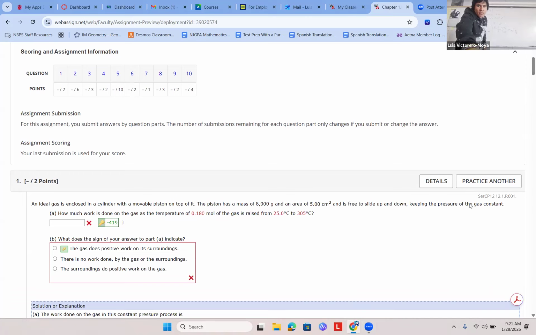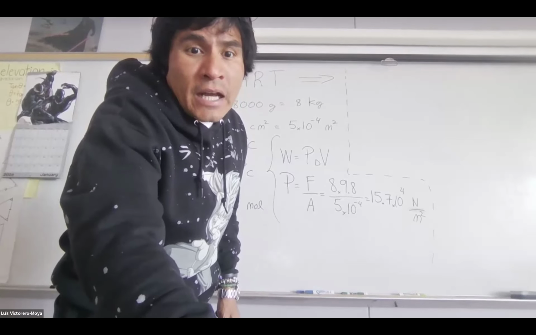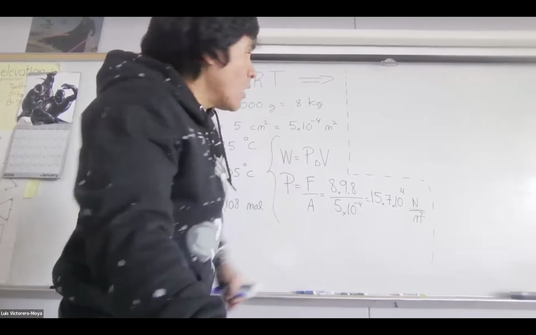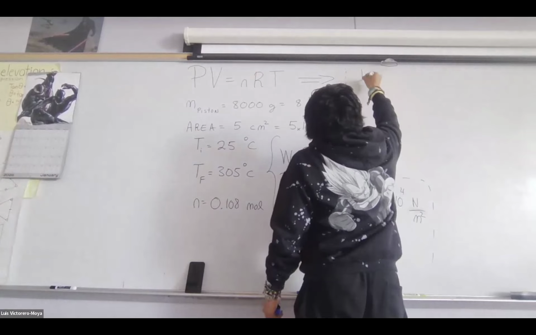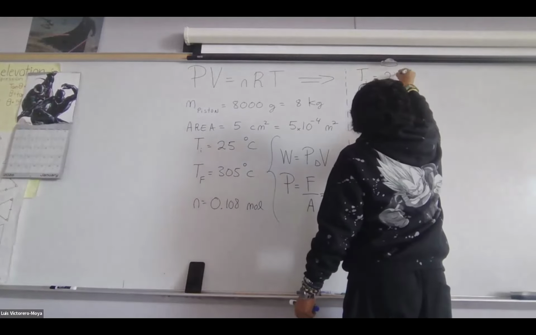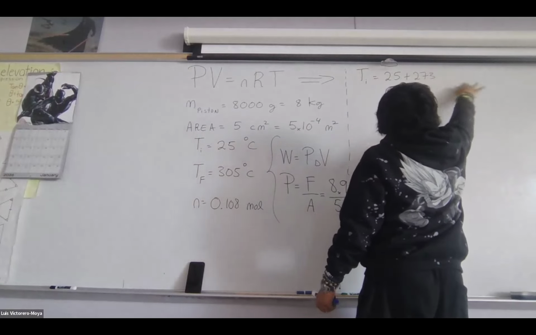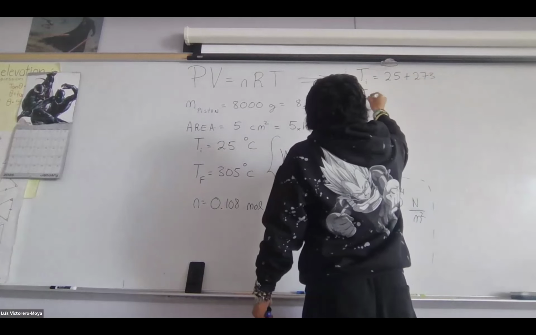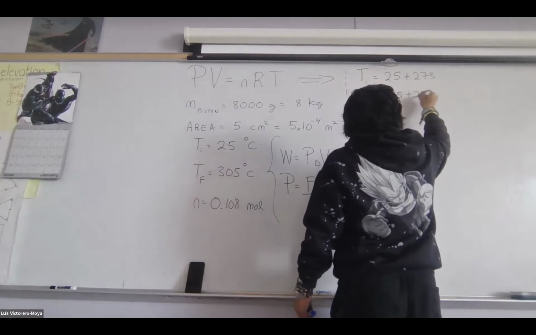So we are going from 25 to 305. We have to find the volume using the ideal gas equation. Now, to use the ideal gas equation, we have to change the temperatures to kelvins. Initial temperature in kelvins is 25 plus 273, and the final temperature is 305 plus 273.